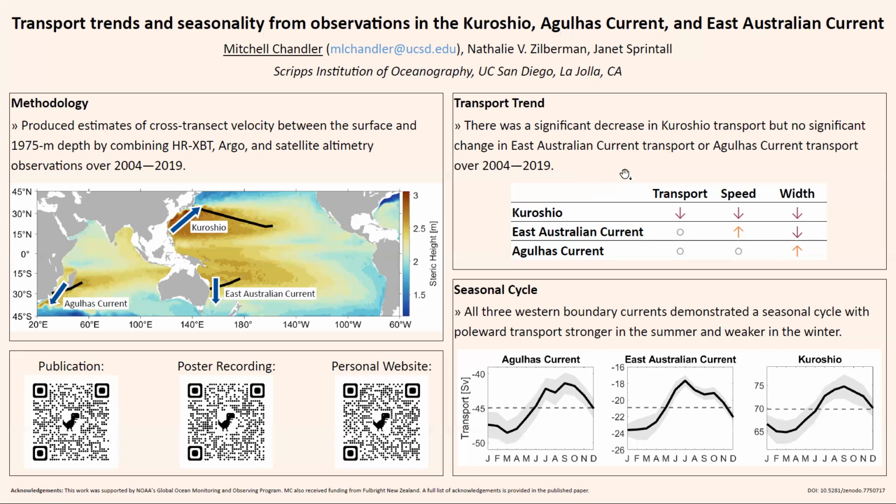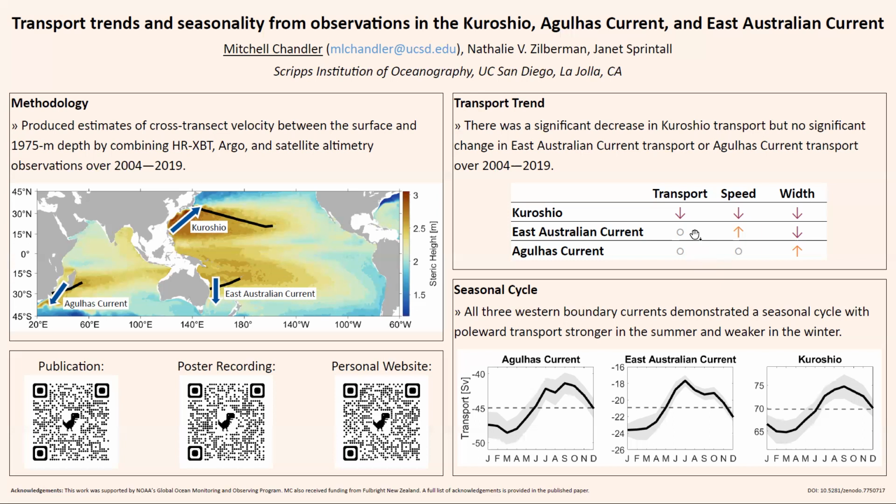Using these transport time series, I observed a significant decrease in transport in the Kuroshio, which was contributed to by both a decrease in current speed and a decrease in current width. In comparison, no significant change in transport was observed in the East Australian Current or the Agulhas Current.